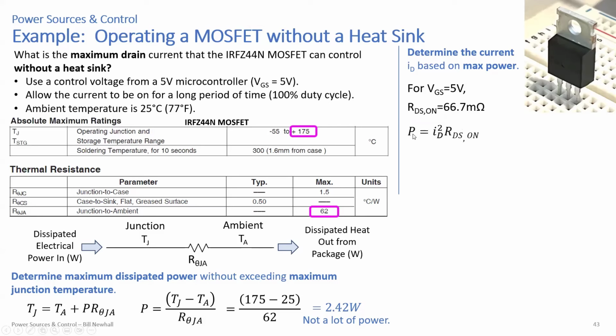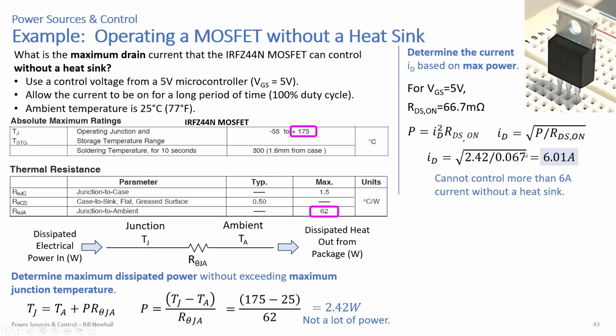So you can figure out the power dissipated, I squared R, ID squared times RDS on. So solve for ID, and put those values in there, 2.42 watts, 67 milliohms, you get 6 amps, right? So you can't control more than 6 amps of current without a heat sink, some way to get the heat out of this package of this MOSFET.